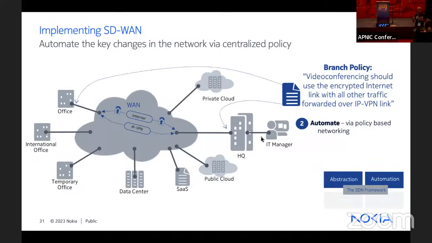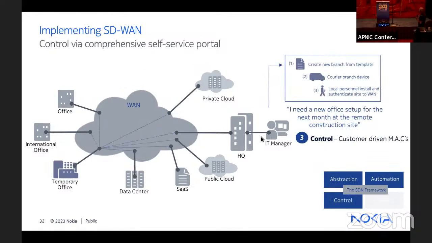If it's video conferencing traffic, send it over the encrypted internet link. But if it's anything else, send it over the MPLS link. How easy would that be to do in a traditional VPN? It's not that easy, right? But in an SD-WAN, it's actually not that hard at all.